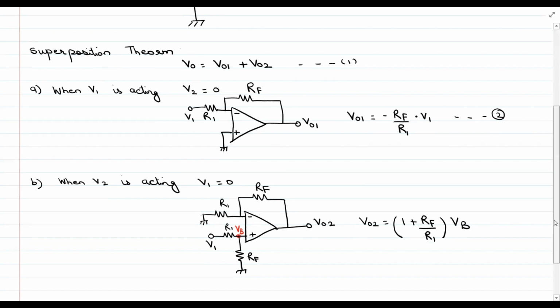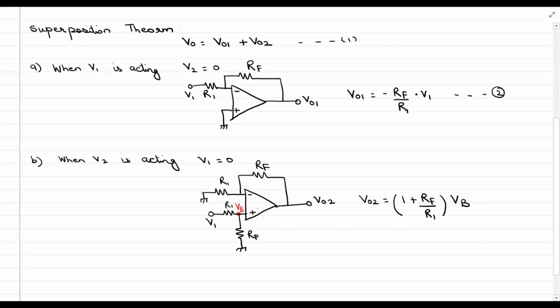By using voltage divider rule, VB is equal to RF upon R1 plus RF into V2.